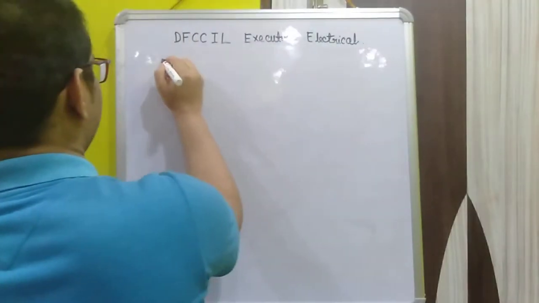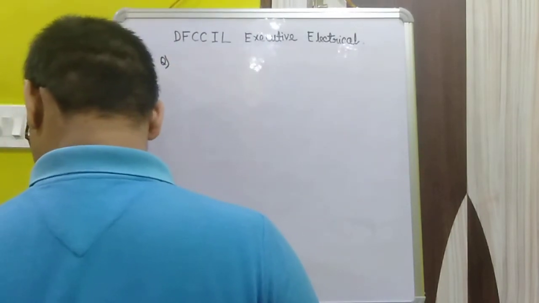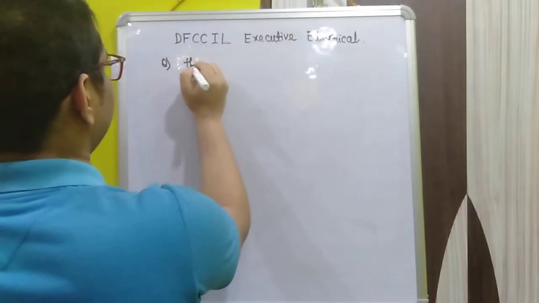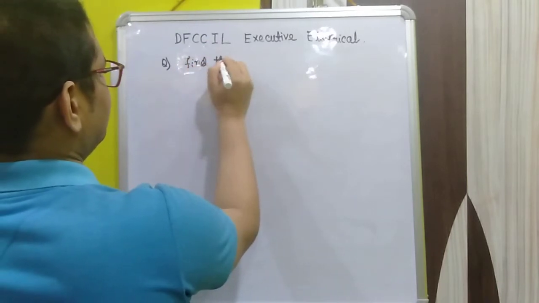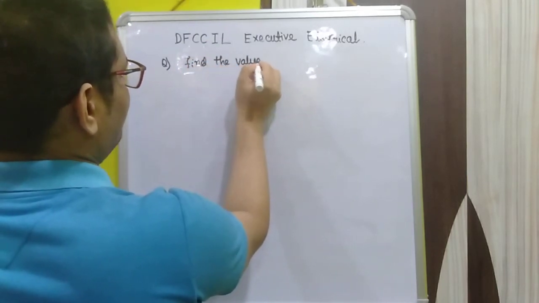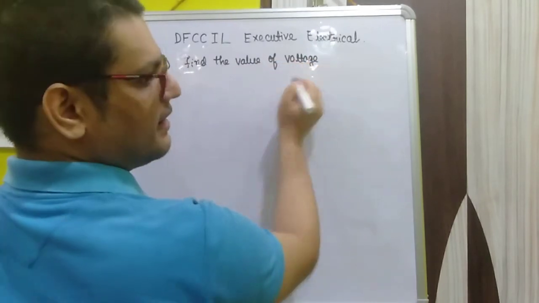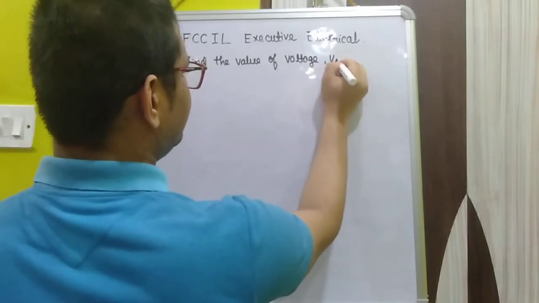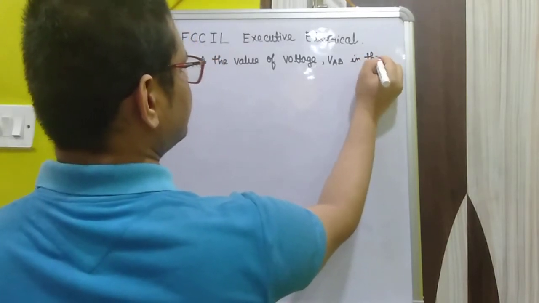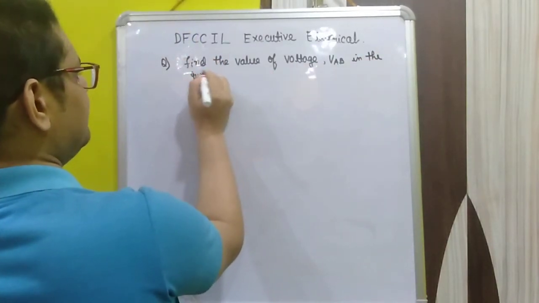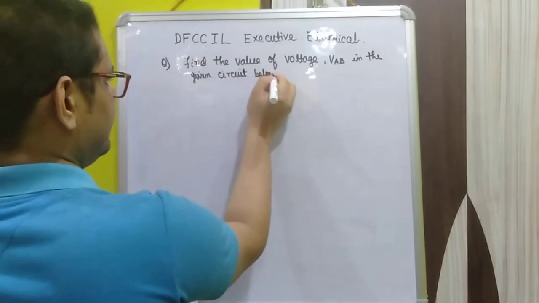I'm taking a question which came in the year 2018: find the value of voltage VAB, or we can say the voltage across the potential AB, in the given circuit below. So now I'll draw the circuit which came in the examination.